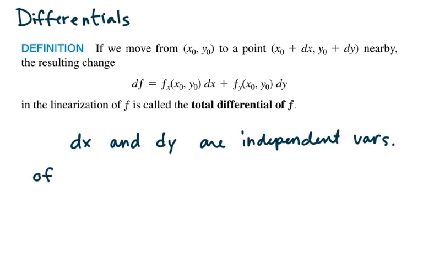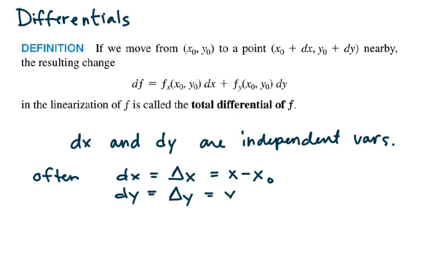Often, we can represent dx as some delta x. We think of that as being a change in x, or rather x minus x naught. The same with dy being a change in y, or y minus y naught.